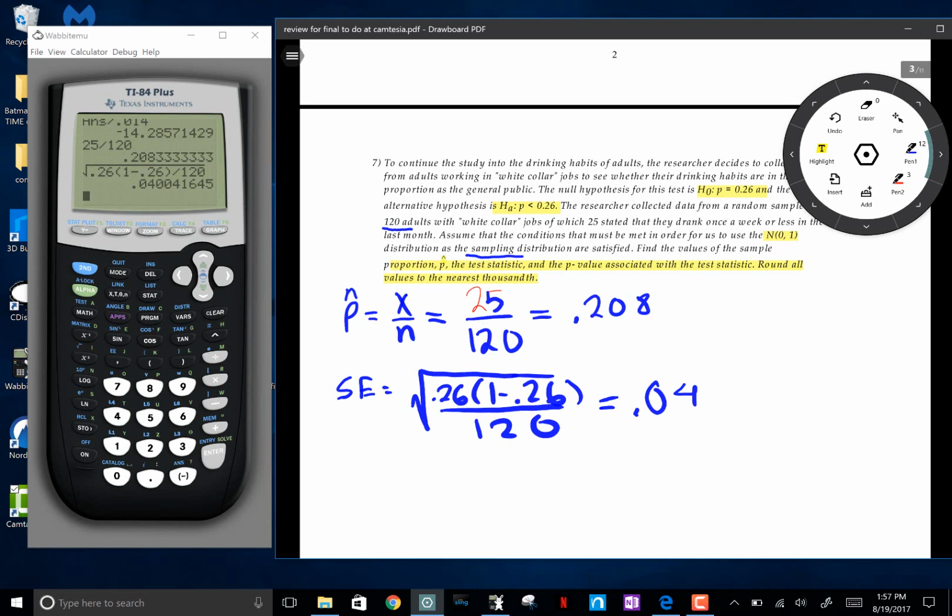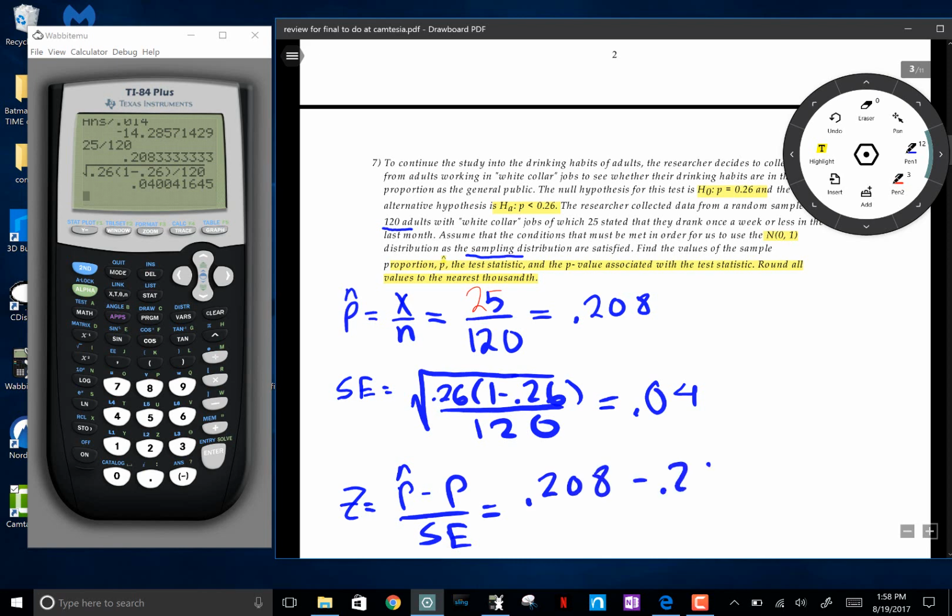The next thing we want to do is get the z-value. The z-value, or test statistic, is z equals p-hat minus p, all divided by standard error. So p-hat is 0.208 minus p, which is 0.26. Remember, p is always the proportion of what they're claiming. Since they're claiming 26%, we put 0.26, and we divide by the standard error, which is 0.04.